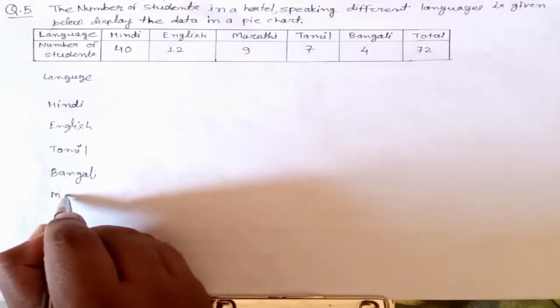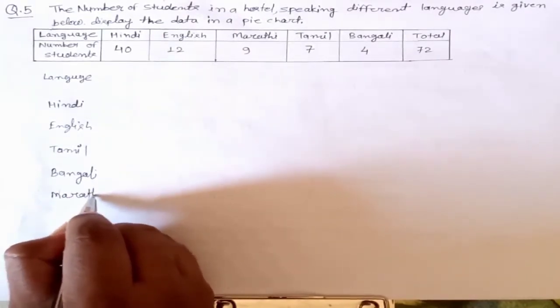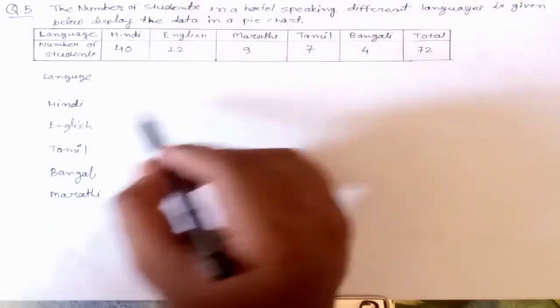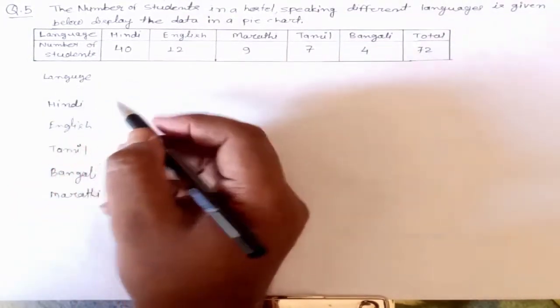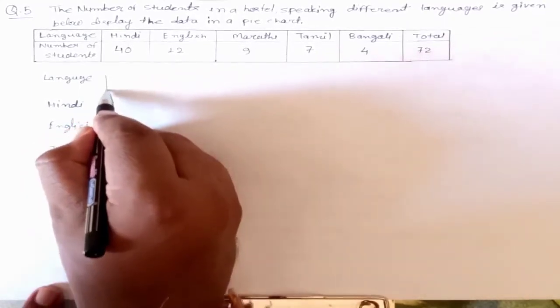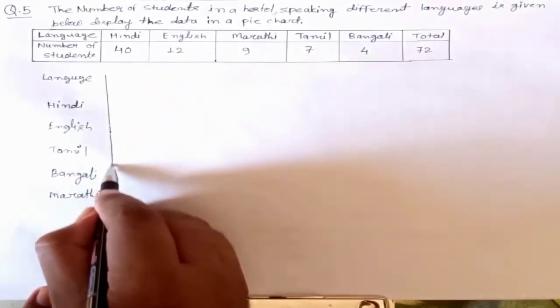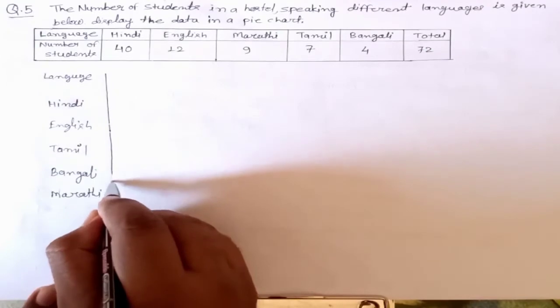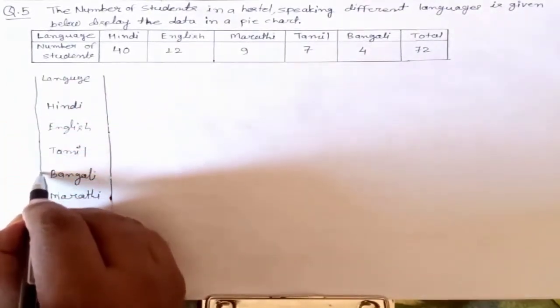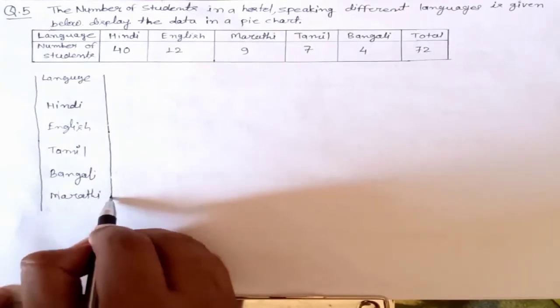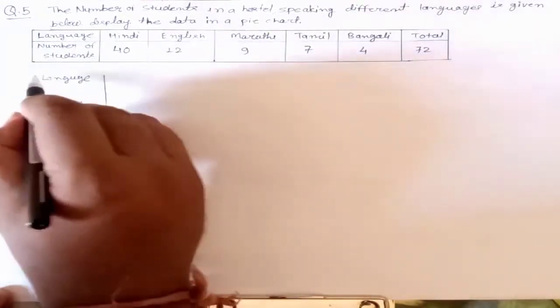The sequence doesn't matter, you can change the sequence, right? So languages is part of it, this will be a table. We have to make a table, right, like this, right? So let's see.